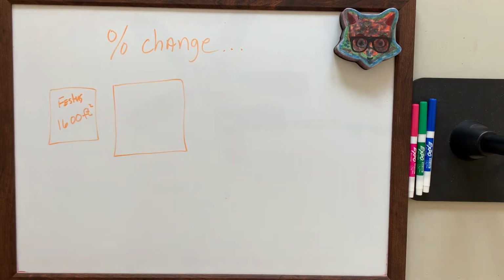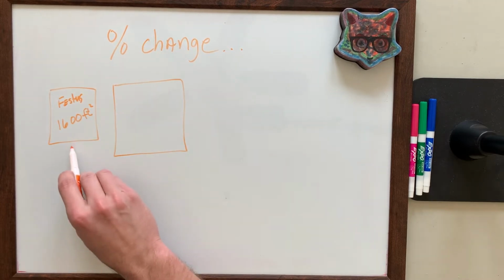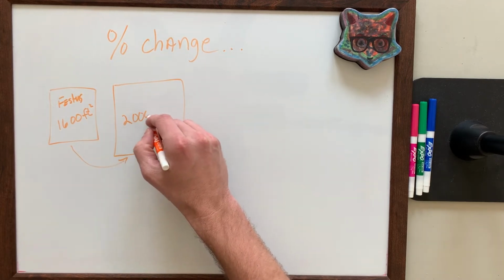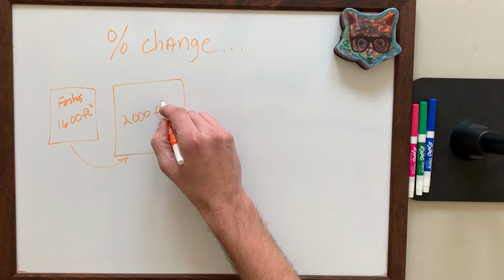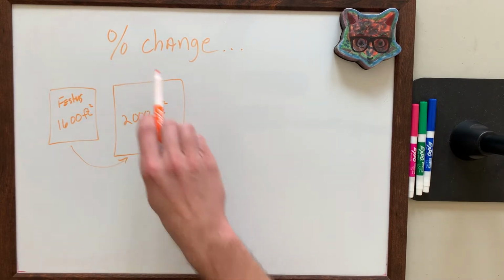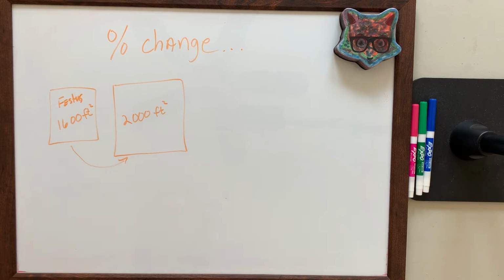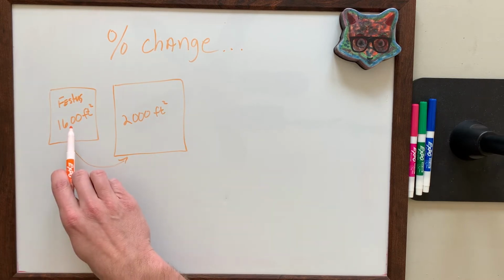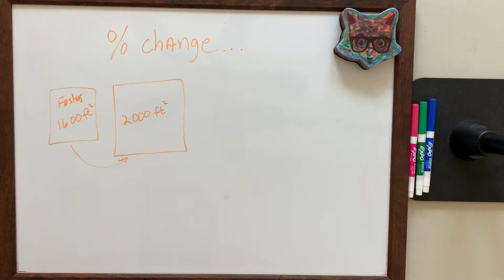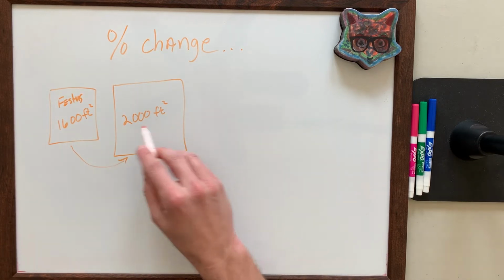Well, in this story, Festus decides to move to a new house. This house is bigger. It's 2,000 square feet. And what we want to know is, what is the percent change between these two houses? We started off in this house, or rather Festus did, and he moved to a bigger house, and we want to know the percent change on the square feet.